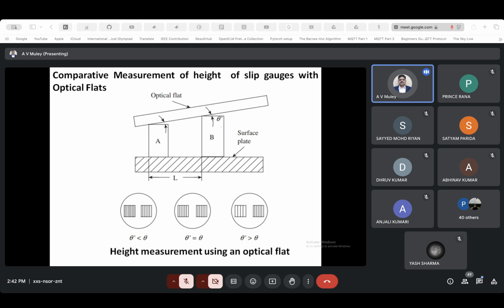And this is the pattern which is observed over here, ठीक है. अगर मान लो ये एंगल आपका थीटा और ये एंगल आपका थीटा डैश है for example. अगर exactly flat है तो ये पैटर्न बनेगा, दोनों में इक्वल होगा, ठीक है. अगर थीटा डैश is greater than or less than for example थीटा, तो इस तरह से पैटर्न बनेगा. तो ये for example आपका ये रेफरेंस है इसमें, इस पर्टिकुलर केस में.